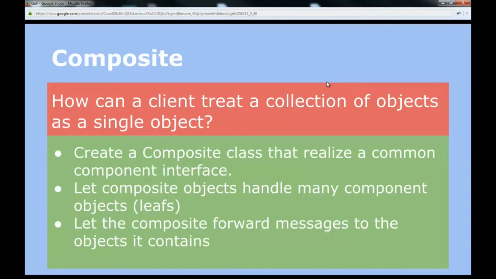And when we call the getArea function and we happen to be inside a composite, it will forward the message to the objects it contains. So it will ask the objects in its internal list or whatnot for their respective area.